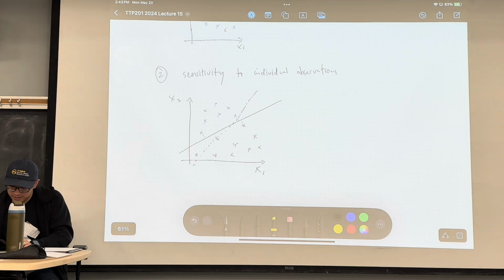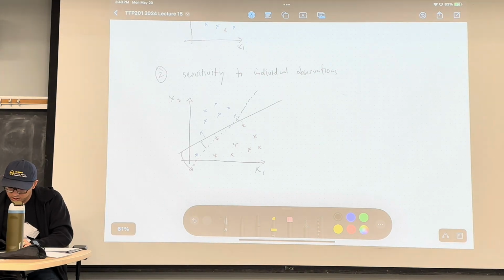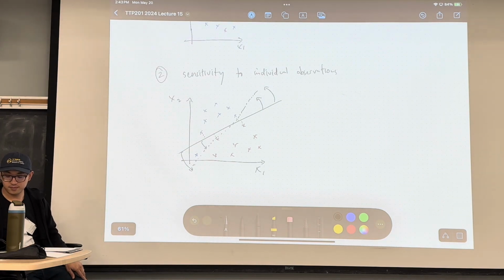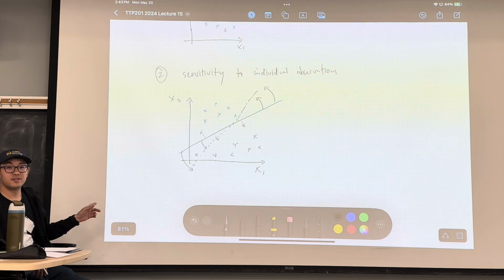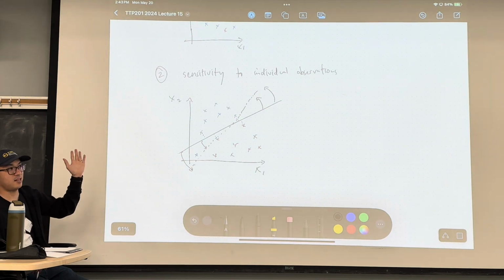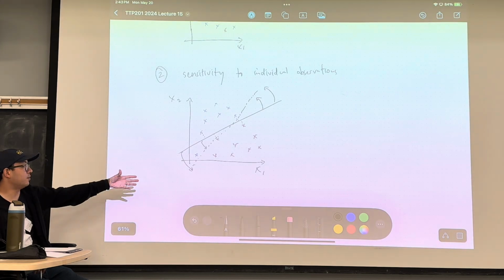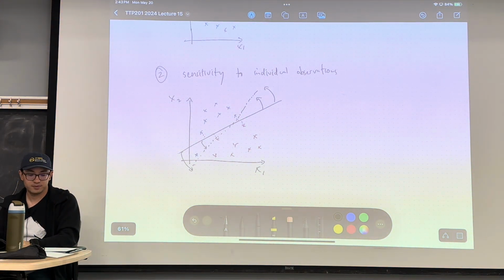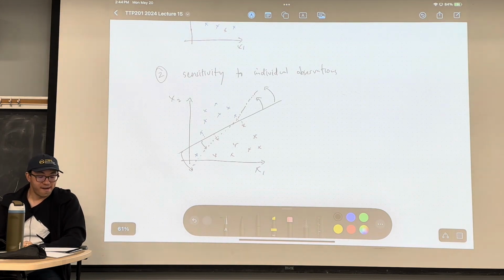So your hyperplane gets shifted. Makes sense to everyone? The whole idea is that the separating hyperplane can swing wildly as I add more and more points to it. So it's very sensitive to individual observations. Any questions about that?